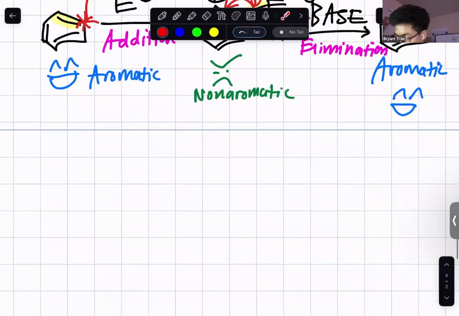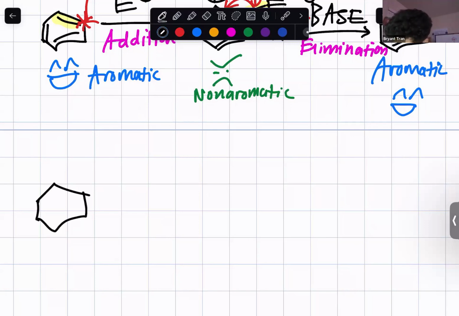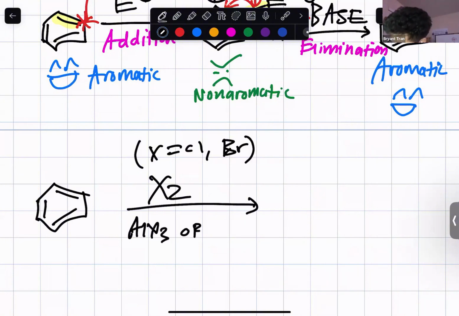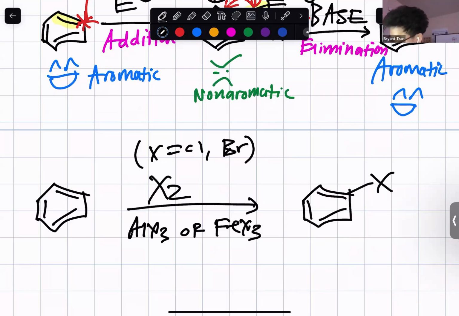Right, so let's see here. Let's say we have this benzene ring, and the reagents that you're going to see are X2, where X can be chlorine or bromine. And our catalyst here is going to be AlX3 or FeX3. And what that's going to do is just add the X, the halogen, on the benzene ring like that.